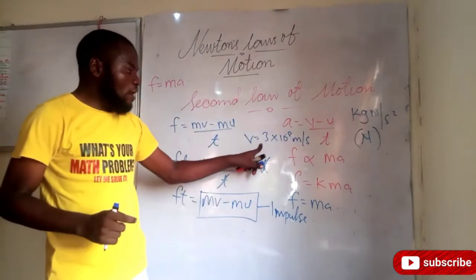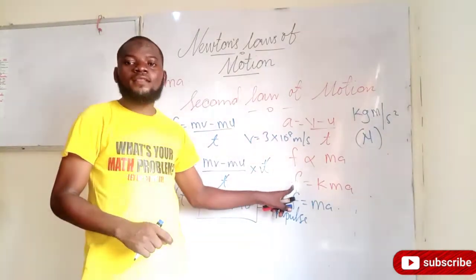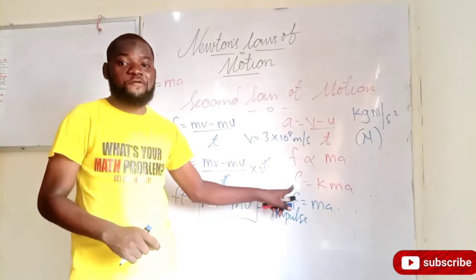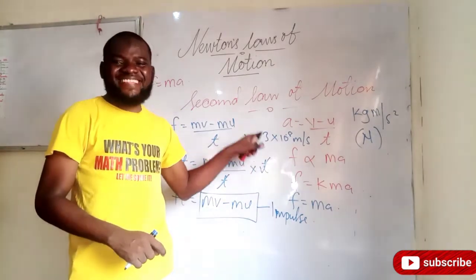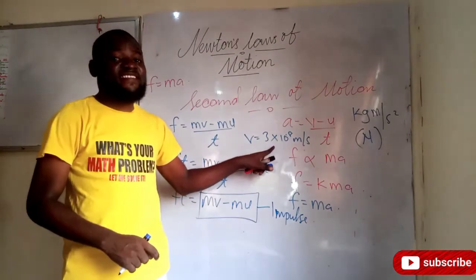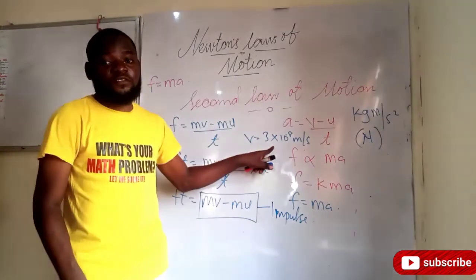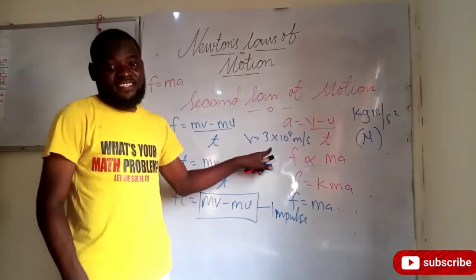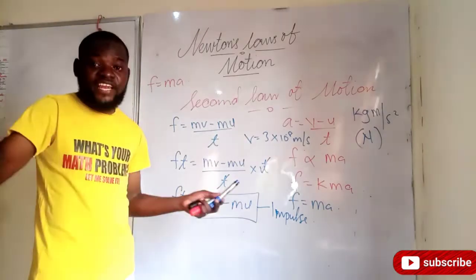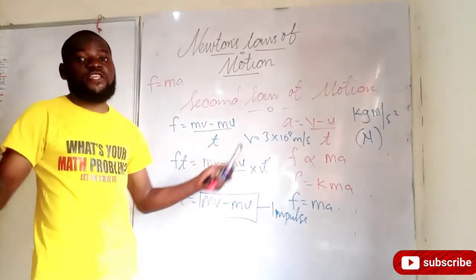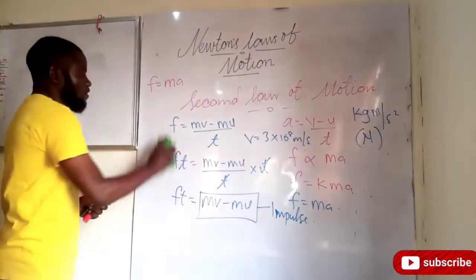If I have a body that has this kind of velocity, then the second law of motion will no longer be obeyed, because this is now absolutely greater than what Newtonian mechanics can handle. Then we have to talk about relativistic mechanics, and that is when we are talking about the theory of relativity. Is that taken? I will be making a video on that as we move on. Okay, so let's move on to the third law of motion now.